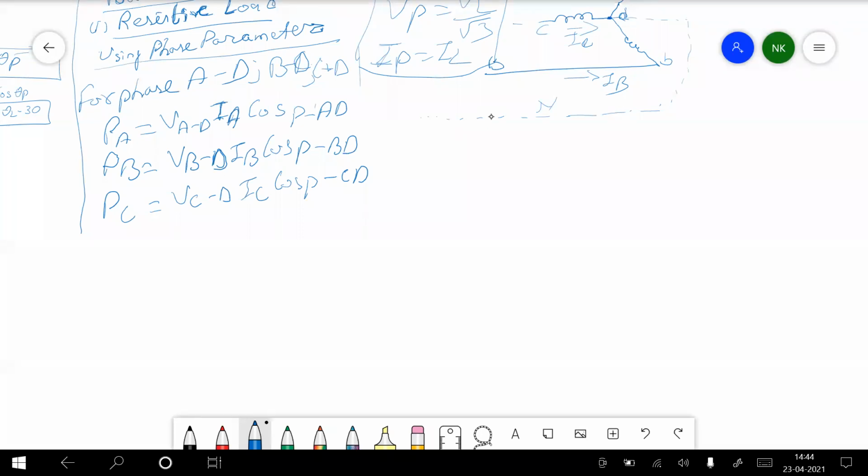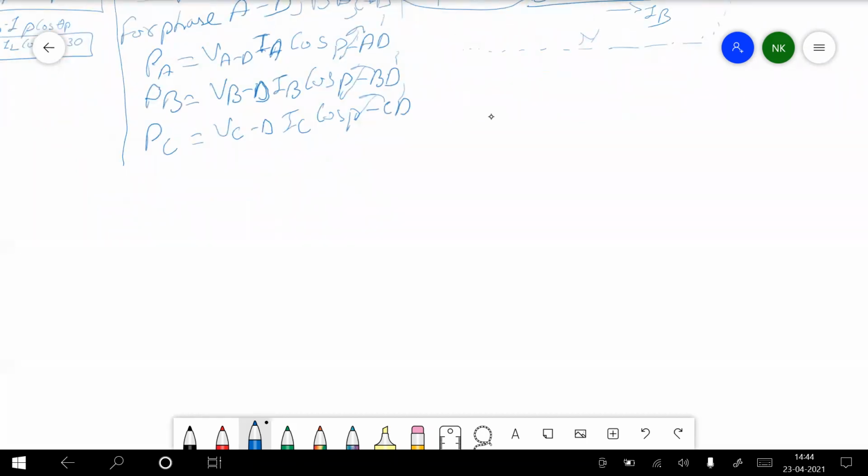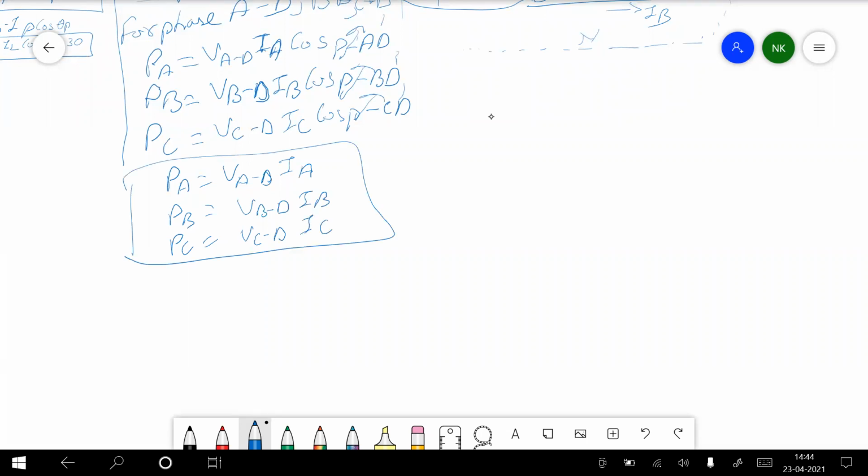And we know that it is a resistive load, so it's obvious these cosine values would be 1. Ultimately what we get as the answer is PA equals VAD IA, PB, PC. This is for the resistive load.